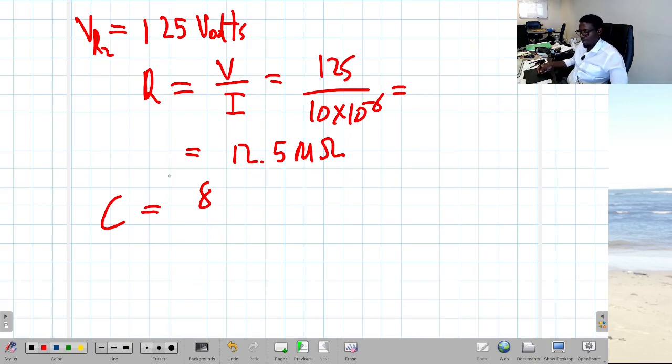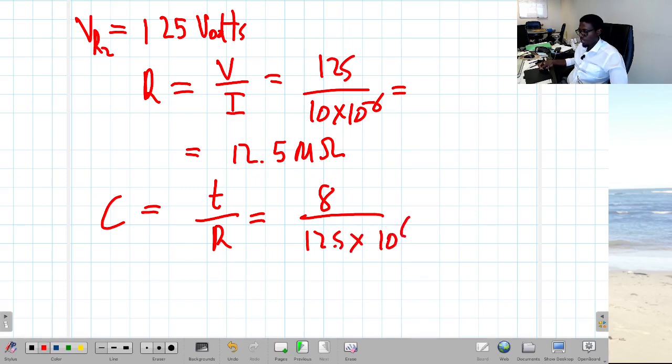So we've got T over R: 8 seconds over the resistance, 12.5 times 10 to the power 6, since it is mega.